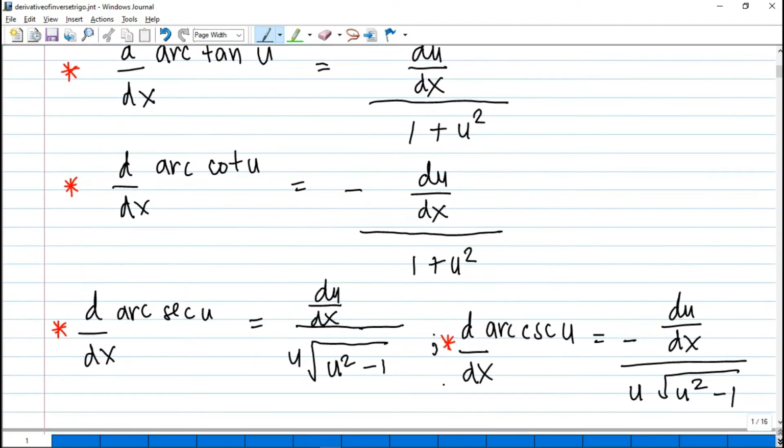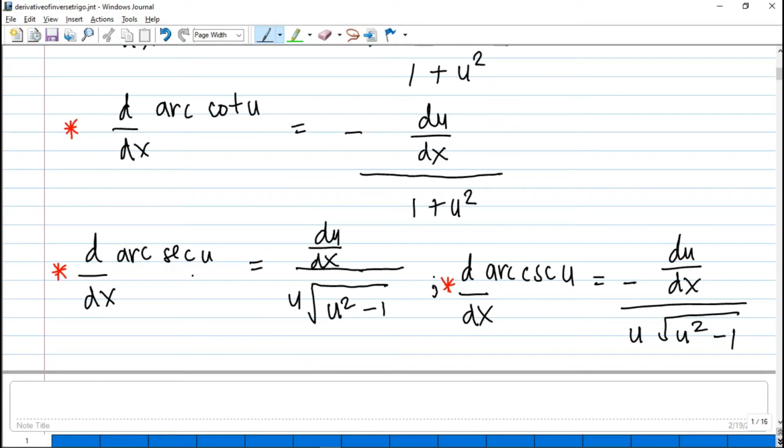Then for arcsecant u, the derivative of arcsecant u with respect to x is du over dx, copy the inside function u, then multiply it by the square root of u squared minus 1, all over that. Then for arccosecant u, we just put a negative on the arcsecant formula. So the derivative of arccosecant u with respect to x is negative du over dx all over, copy that inside function u, then multiply that by the square root of u squared minus 1.